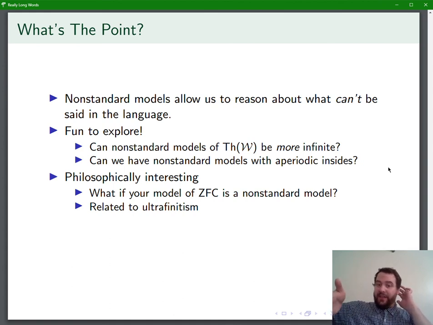We saw it as infinite, but it behaves like a finite word because everything in the model behaves like finite words, because we chose this non-standard model to behave like finite words, right? It has all of the same first order properties as finite words. And so I think that there's a really close tie between non-standard models and ultrafinitism, and I think that that's a useful thing to think about if you're trying to understand the perspective of ultrafinitists.